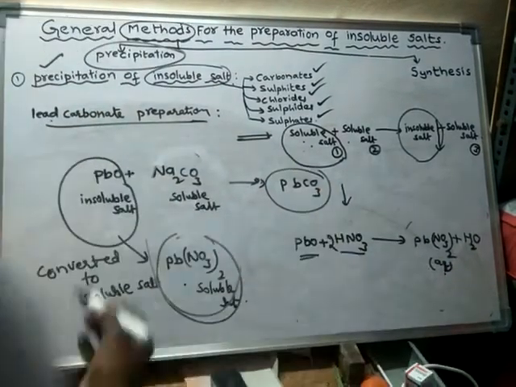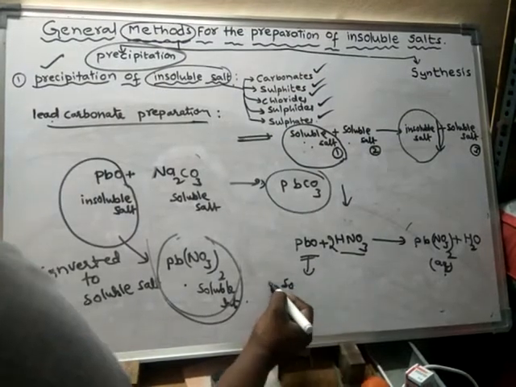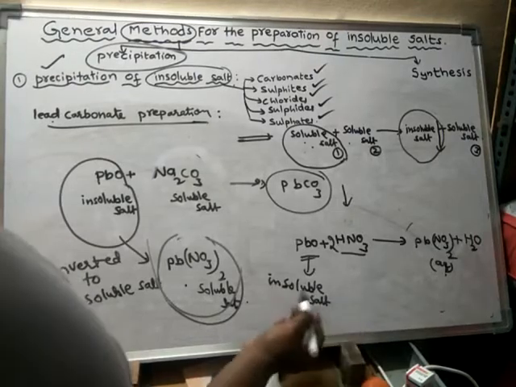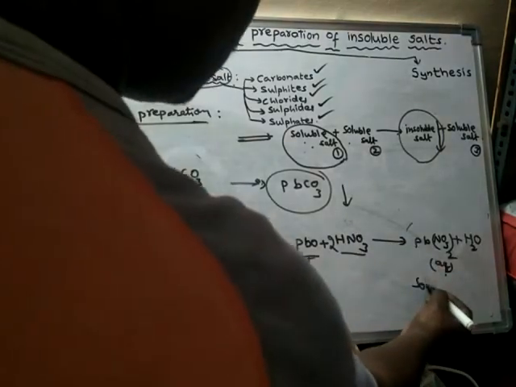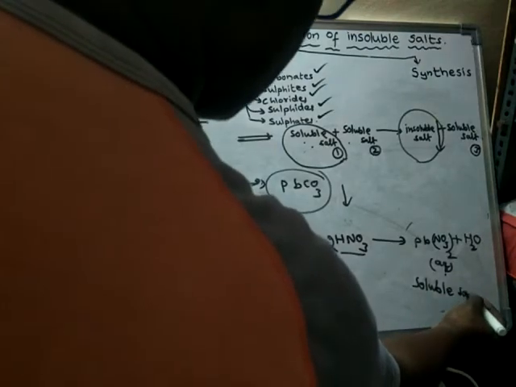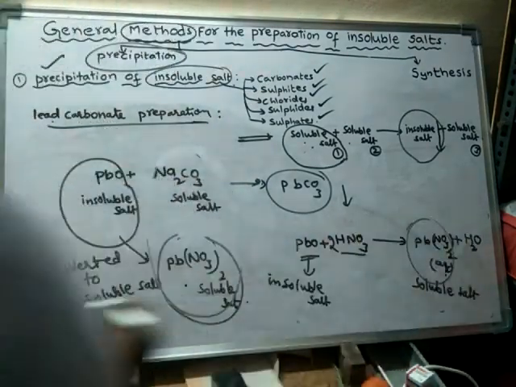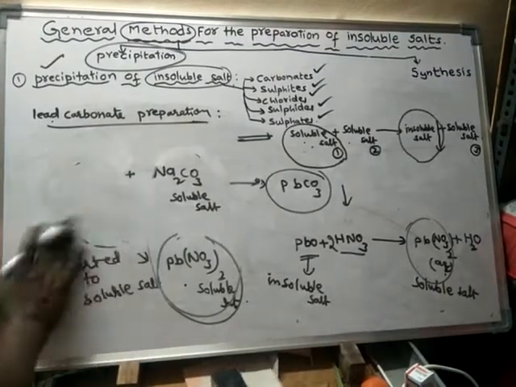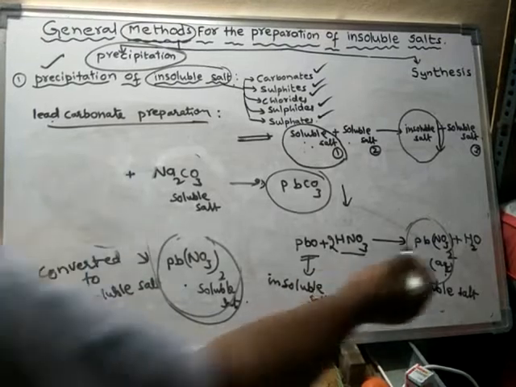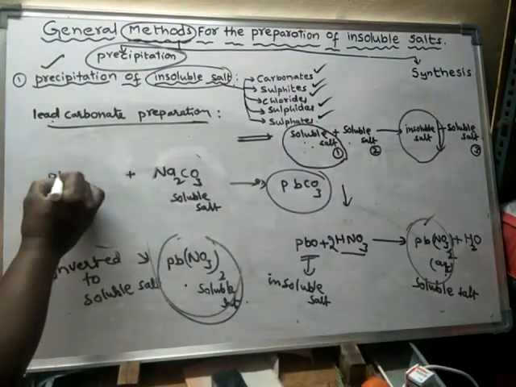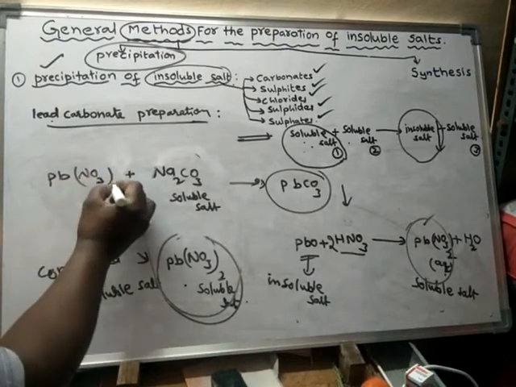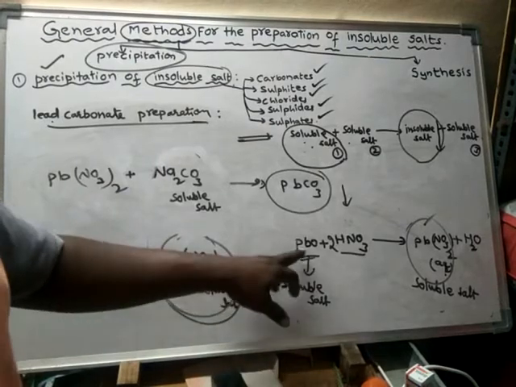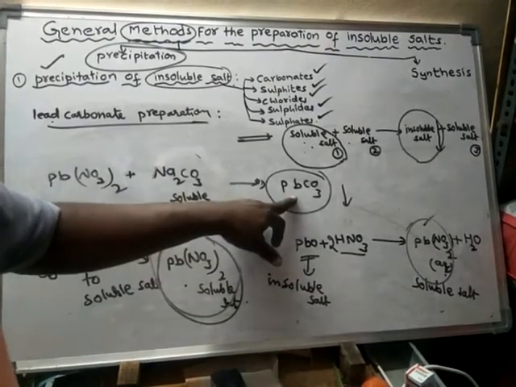Now take this lead nitrate. This insoluble salt is converted into a soluble salt, and now this soluble salt is used for the preparation of lead carbonate. So from the insoluble salt, the other insoluble salt can be prepared.